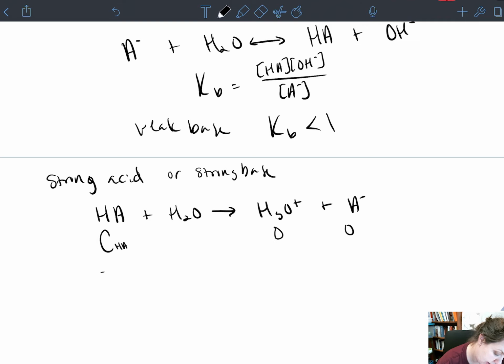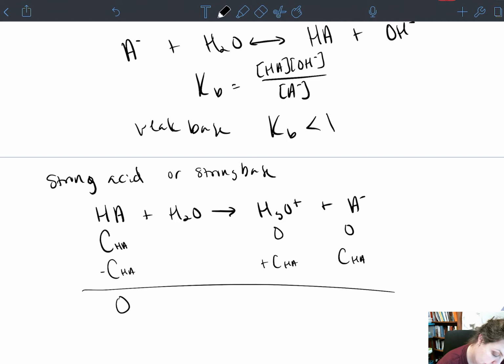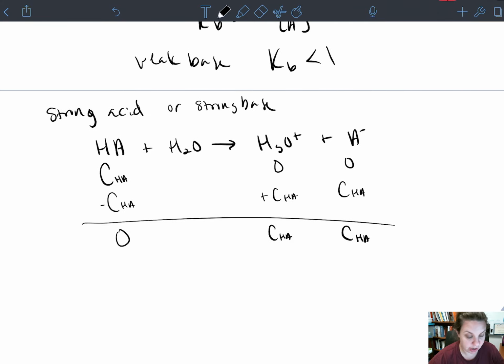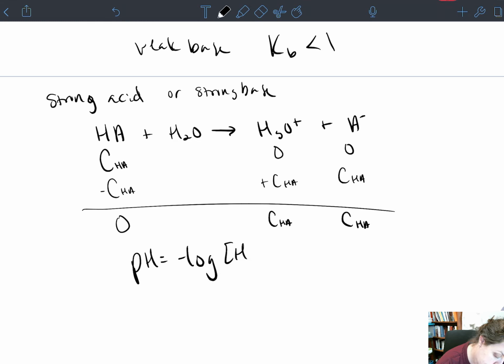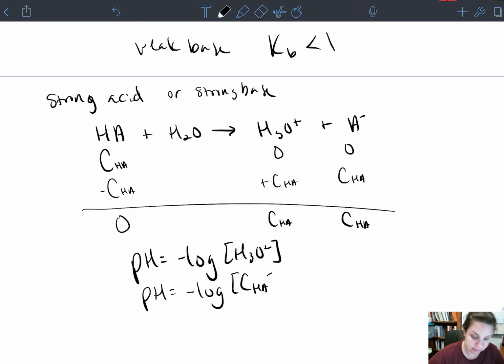We subtract that and add that here, and we will get that concentration over here. So we can just say pH is equal to negative log of H3O plus, which will be equal to the concentration of our strong acid.